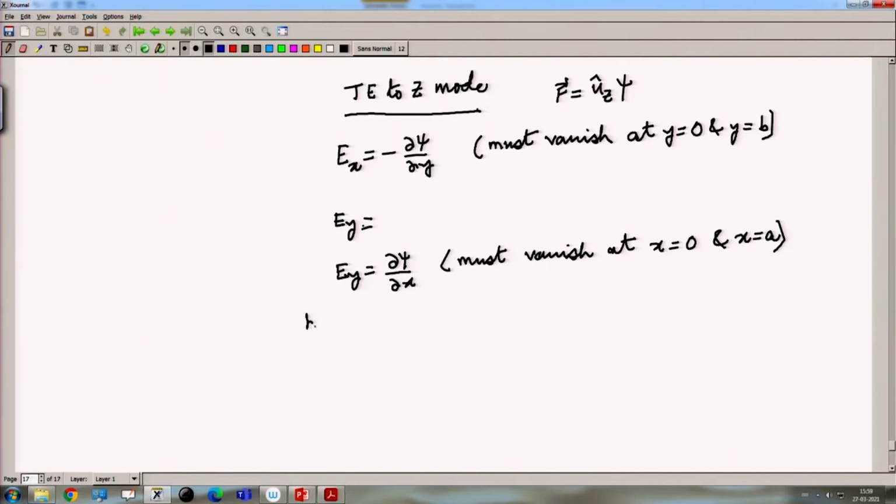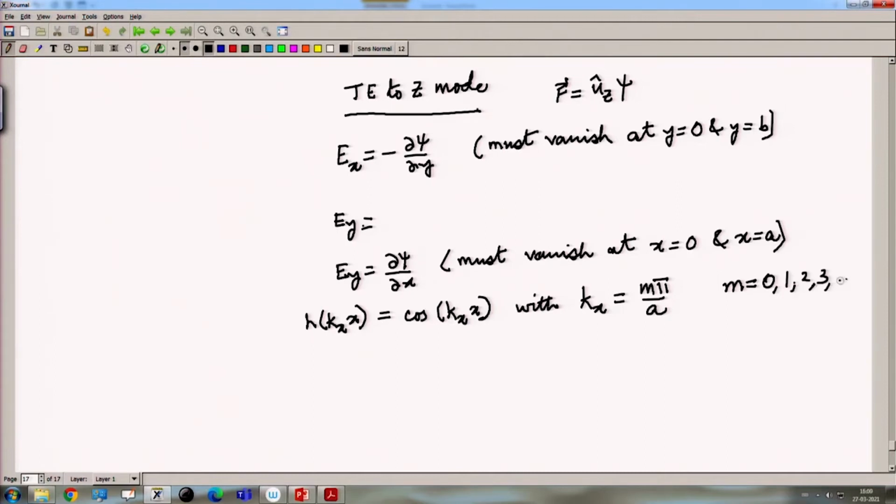This can only happen if h k x x, which we defined before, the x variation of the psi function, is equal to cos k x x with k x as m pi by a, m equal to 0, 1, 2, 3 and so on.